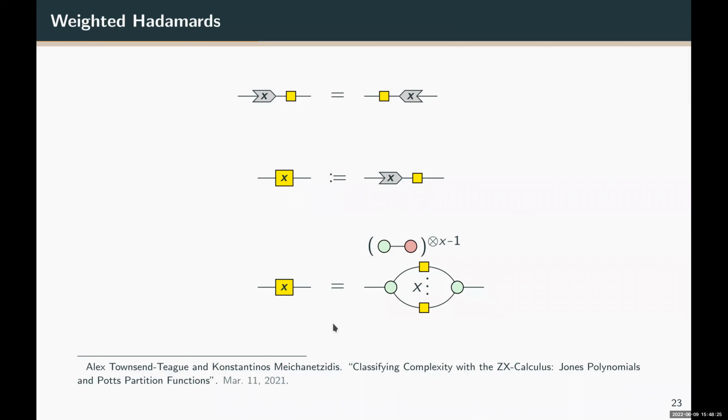And it generalizes a construction which might be elsewhere, but which I first saw in this article by Alex and Konstantinos, where they were considering the qubit ZX calculus, and they have a qubit version of this weighted Hadamard.